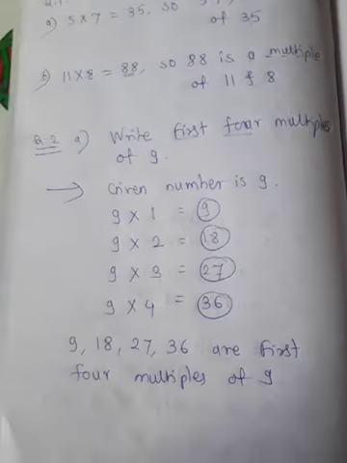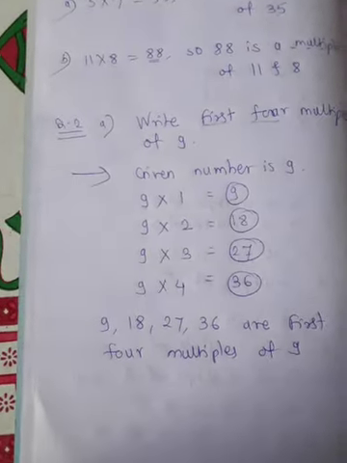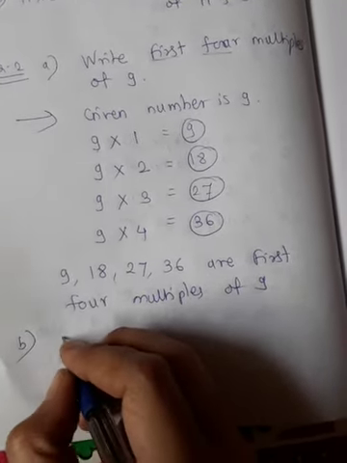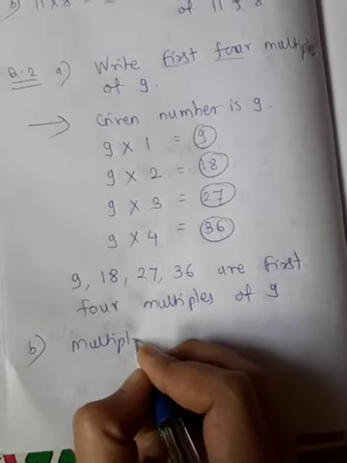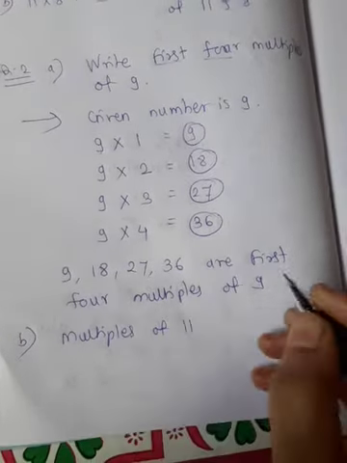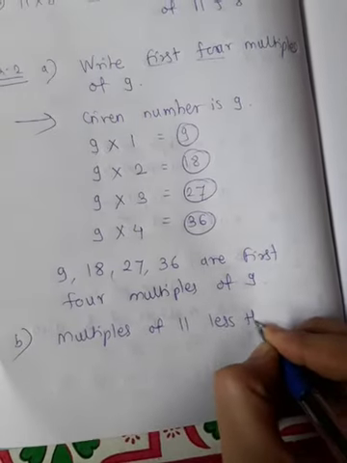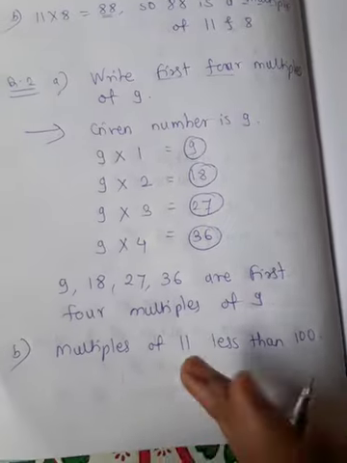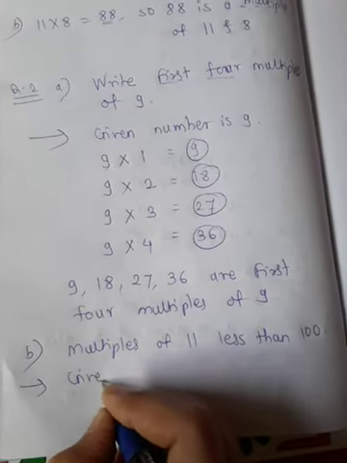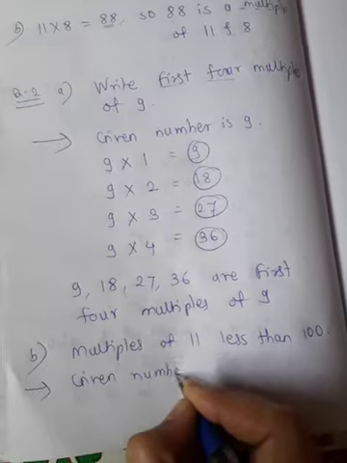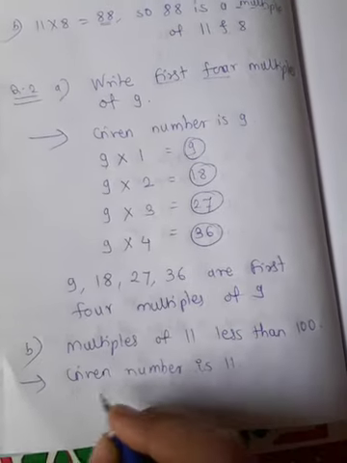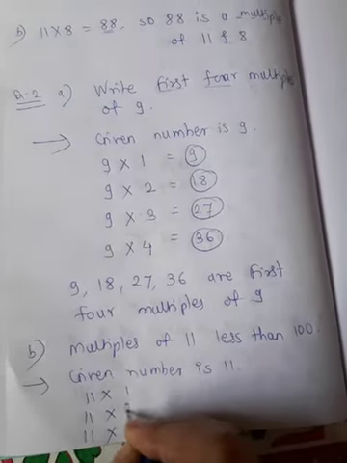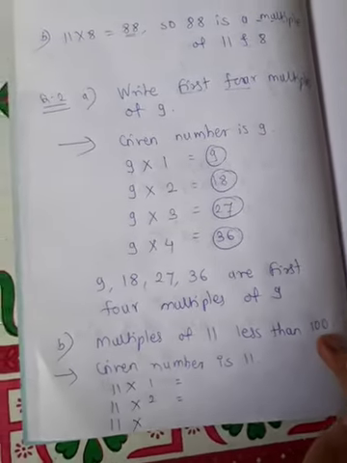Okay, now there is sub question B. Sub question B is write all the multiples of 11 less than 100. So we have to find the multiples of 11. Given number is 11. We have to multiply 11 so that we get numbers less than 100.